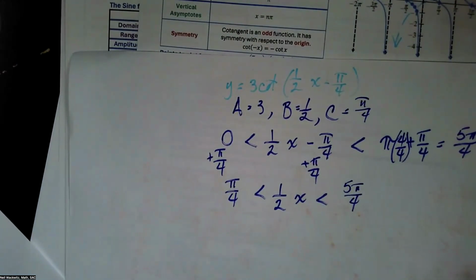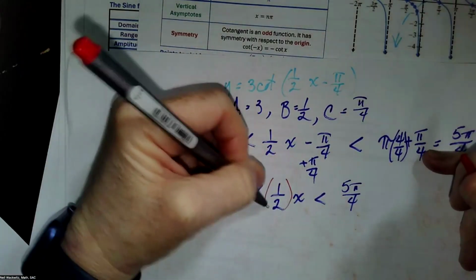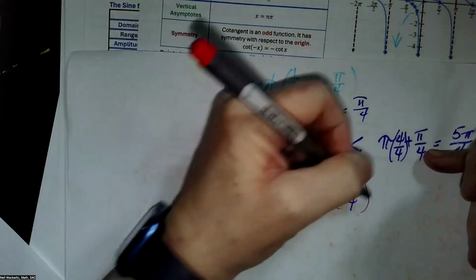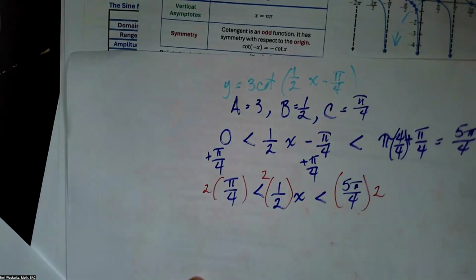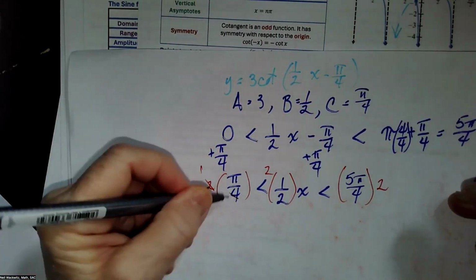I'm going to think in terms of multiplying. What can I multiply all three sides by so that I get x alone in the middle? 2. Yes, good. So let's see.